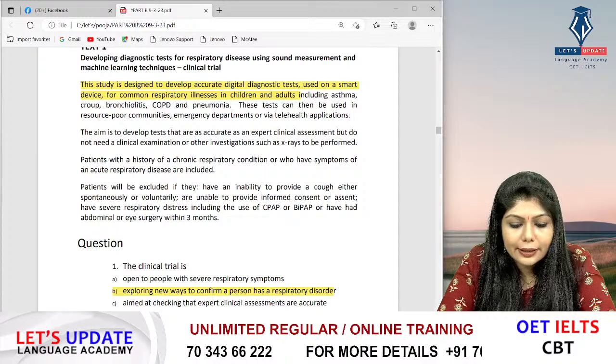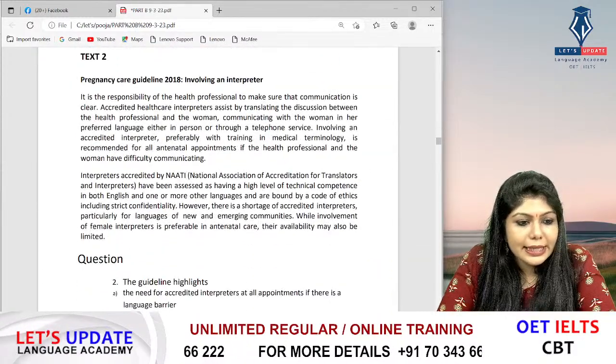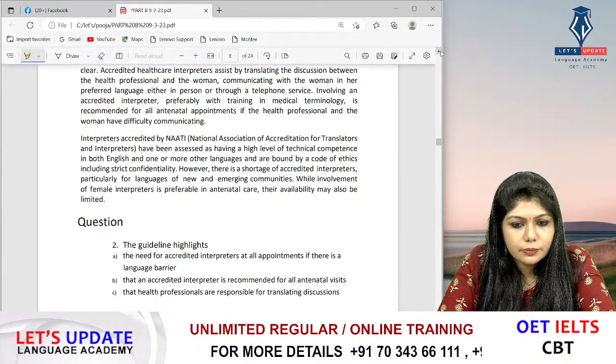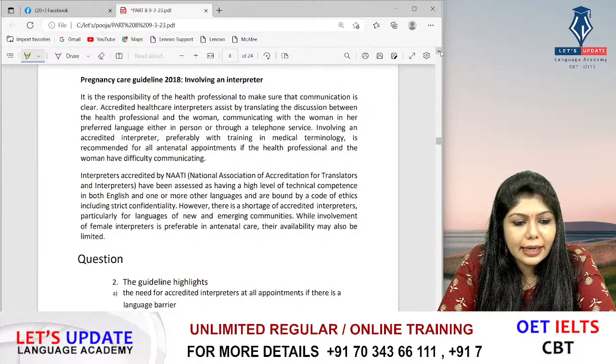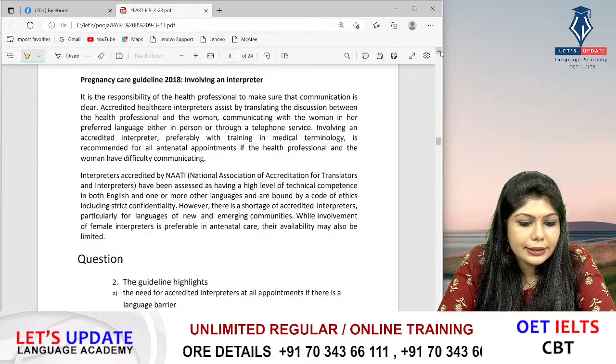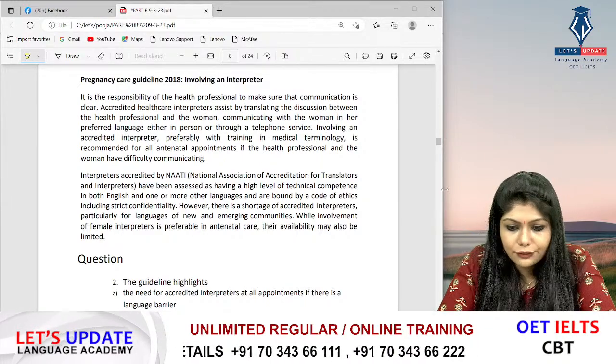Okay, and now we shall proceed to the next question. That is text 2, and the heading is Pregnancy Care Guideline 2018 involving an interpreter. This is the extract, and this is the question, and the three options that follow.